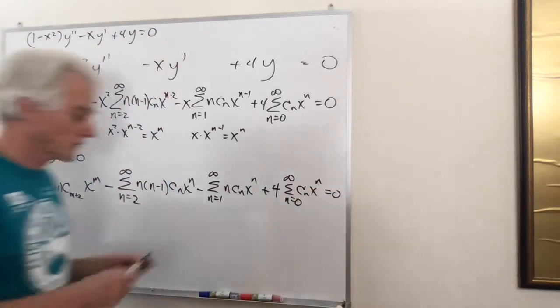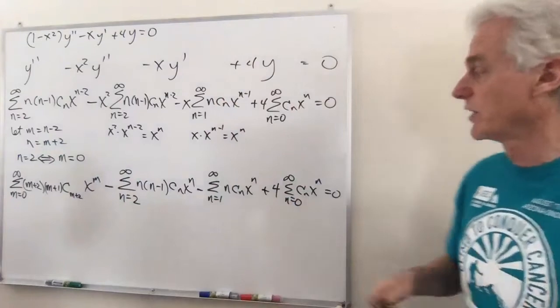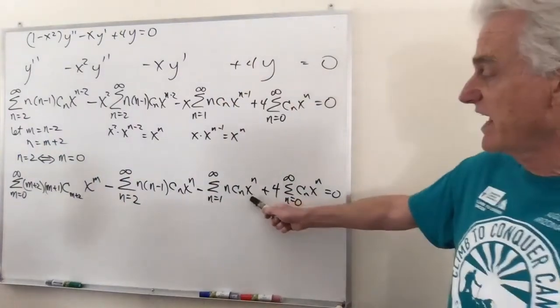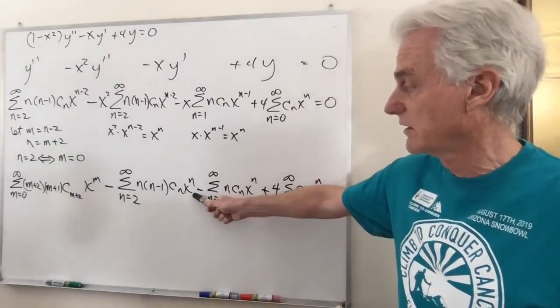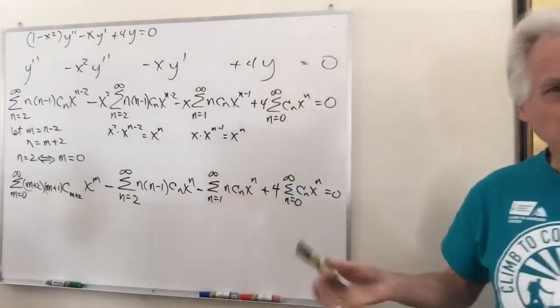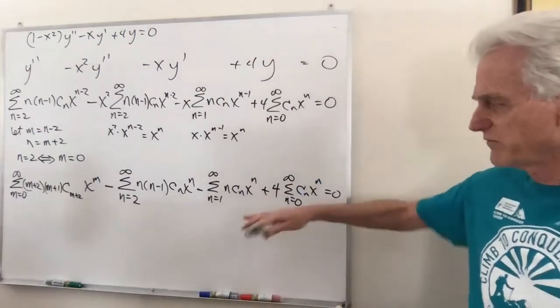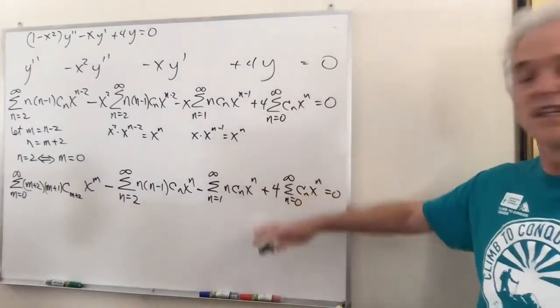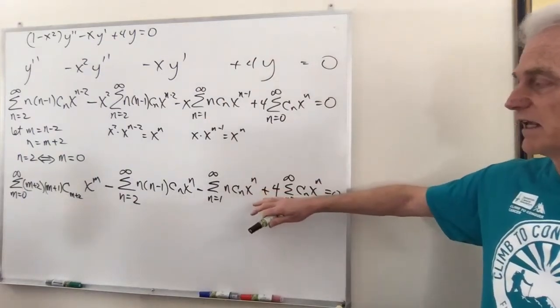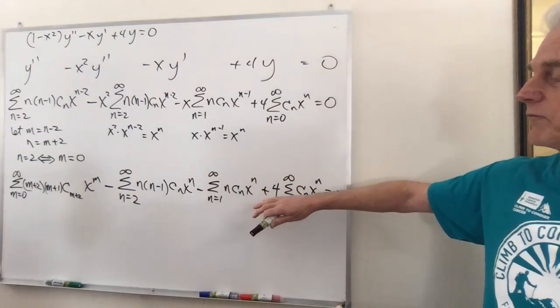So at this point, we're in pretty good shape. We've got an x to the n, x to the n, x to the n here. Although the bottom value of n, the first value in the sum, is different. So let's think about that in a while.